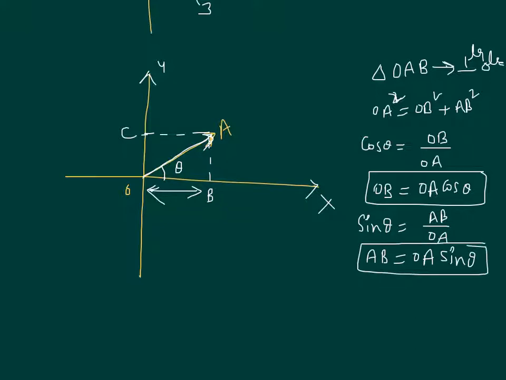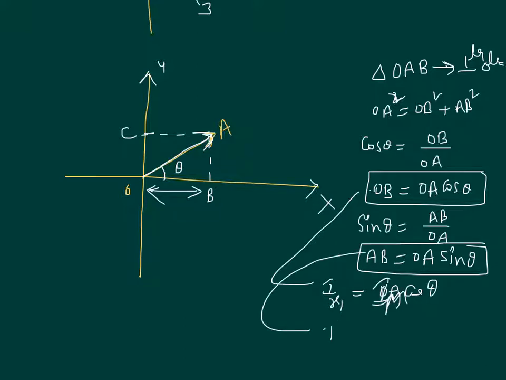This is the y component. So Ix1 equal to I maximum cos theta, and Iy1 equal to I maximum sin theta. This is the way we resolve any AC quantity into x component and y component.